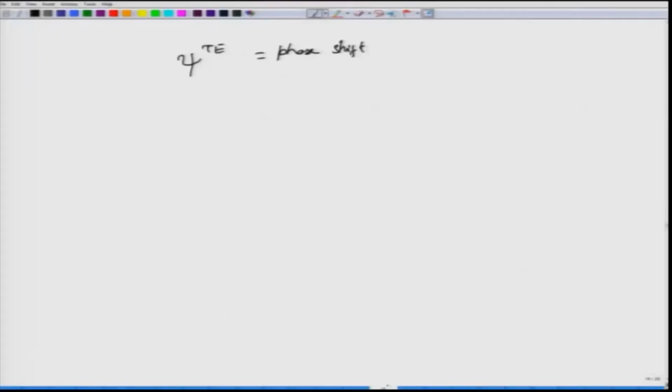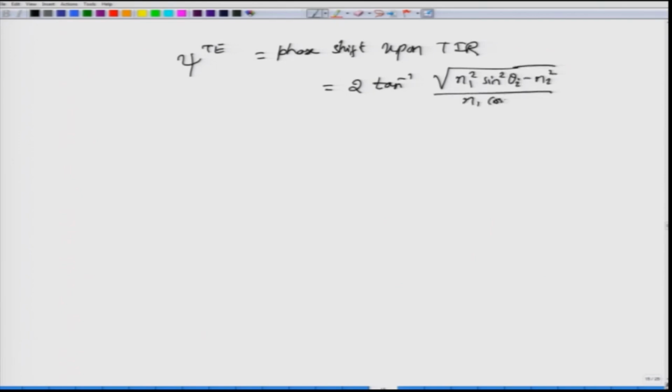This expression for phase shift upon total internal reflection is different from phase shift upon reflection of a typical TE or TM case, and for the TE case you can show that this would be equal to 2 times tan inverse of square root of N1 square sin square theta I minus n2 square divided by n1 cos theta I, or with a minus sign of course.